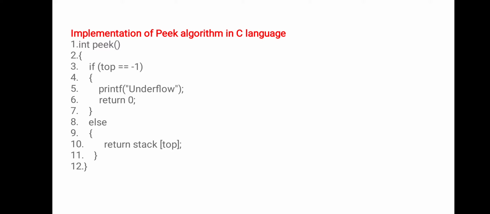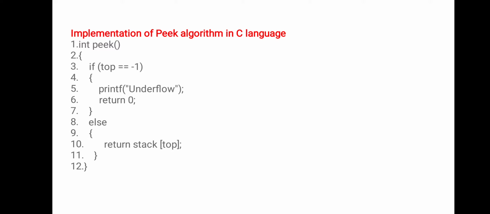So here, if top == -1 means whether the value of top is equal to -1 or not. If it is equal to -1, then we simply print underflow. Instead of writing underflow, you can also write a complete statement like stack is underflow or stack is empty. Return 0. It comes out of the function.